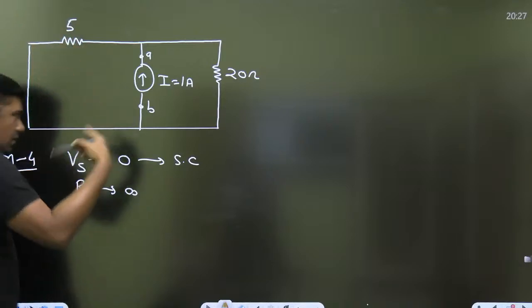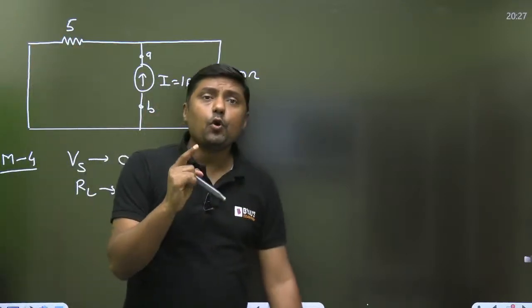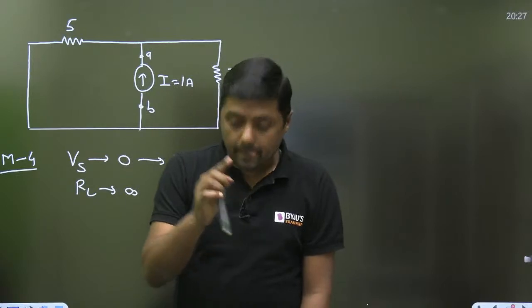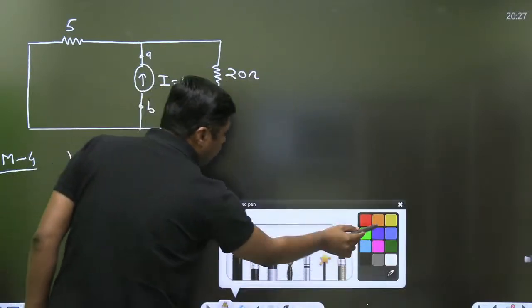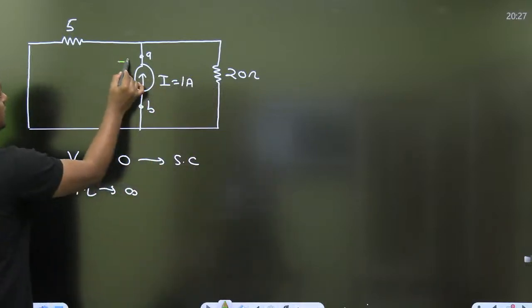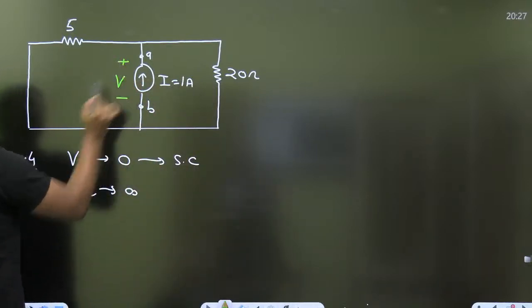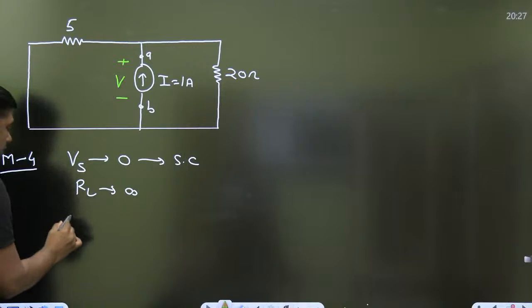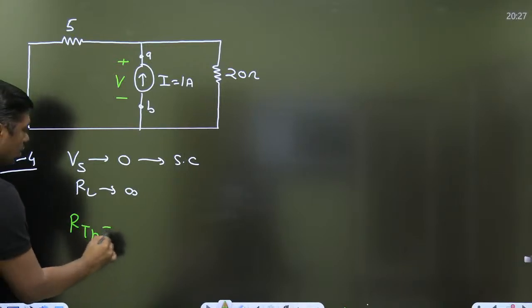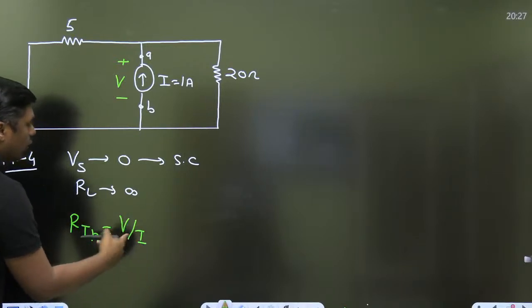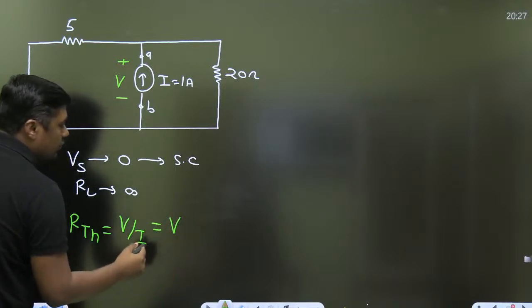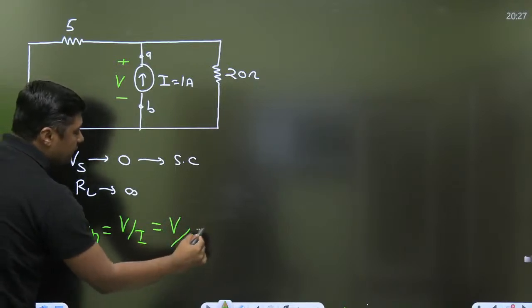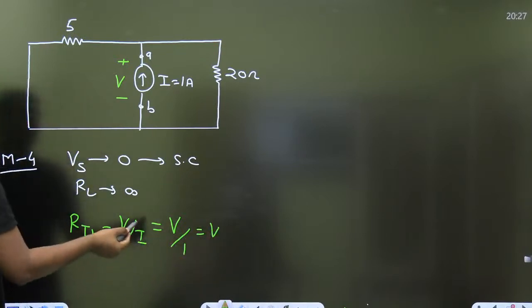Now always remember, if you are going to use this method, you have to find the voltage across the current source, like this is the V. Now what is the RTH? V by I, and taking I equal to 1 ampere, you have to find the V. V by 1, that is V. That will be the RTH.